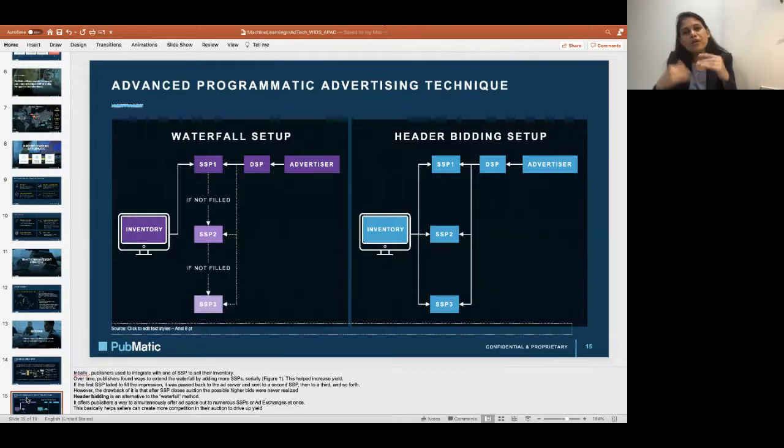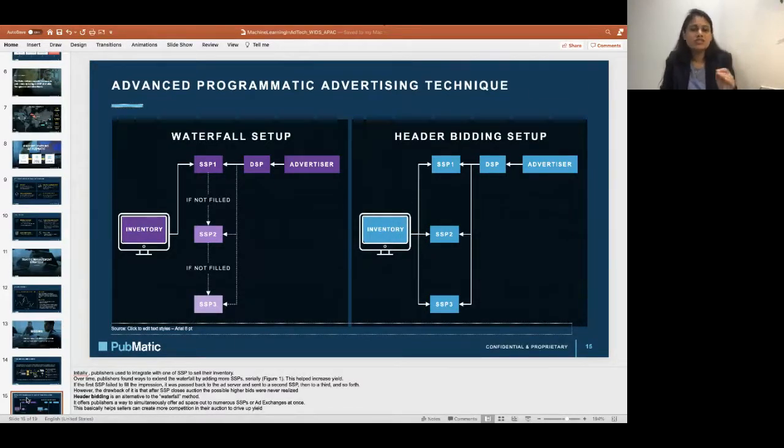Over time, publishers figured out a way to extend this model via a waterfall setup by adding more and more SSPs. If the first SSP is not able to programmatically fill the ad impression, it used to get passed back to the second SSP or third and so forth.